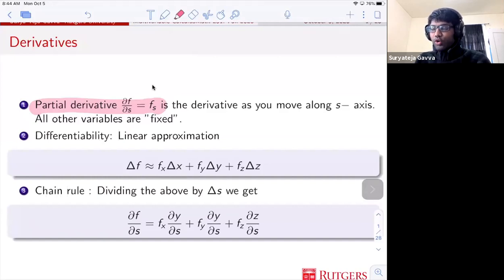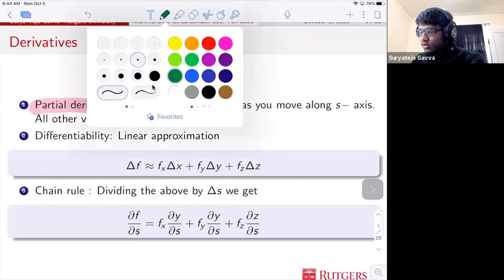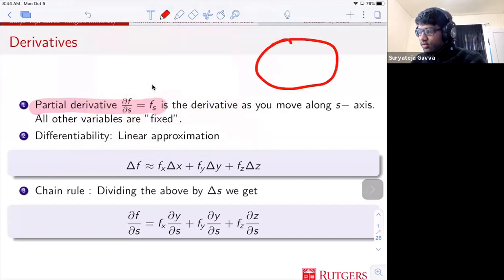That's what you mean by a partial derivative. If you're in the plane, you can move along many directions from your point, but if you move along the x-axis, the rate of change is fx. If you move along the y-axis, the rate of change is fy.